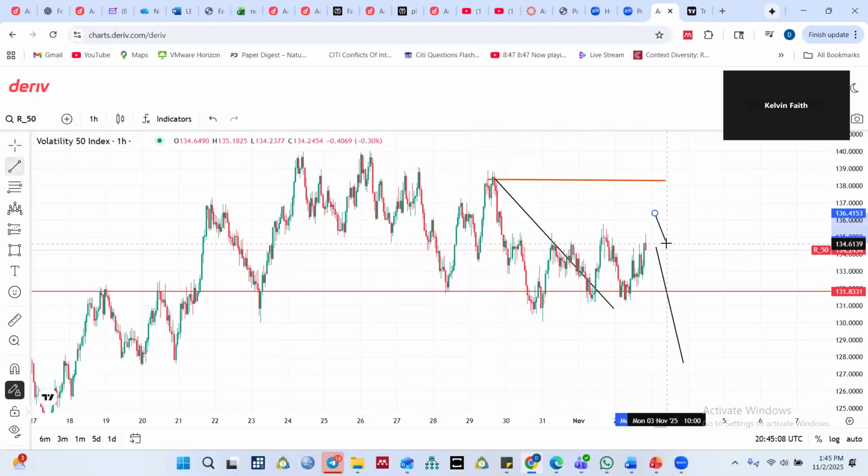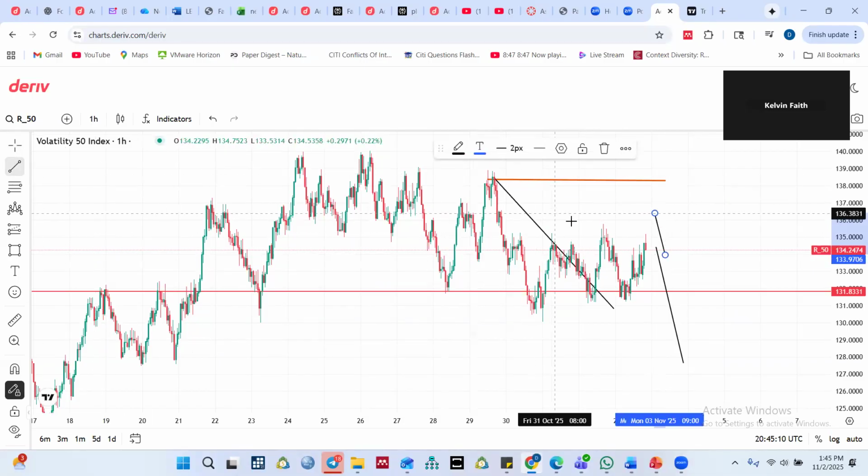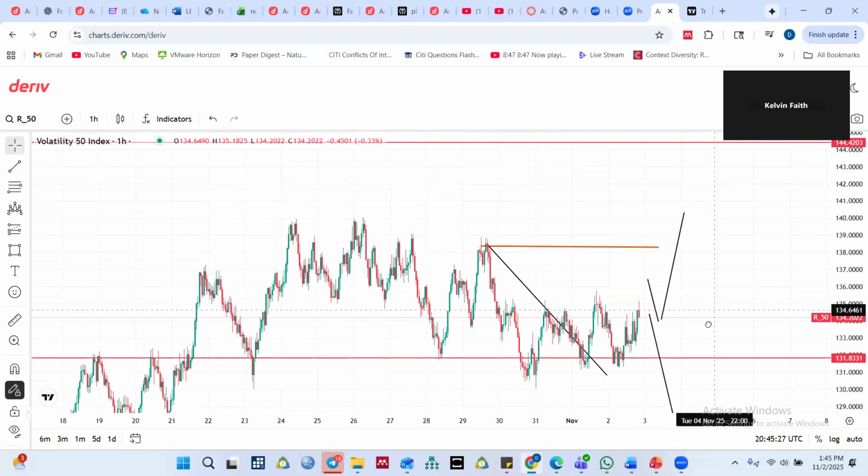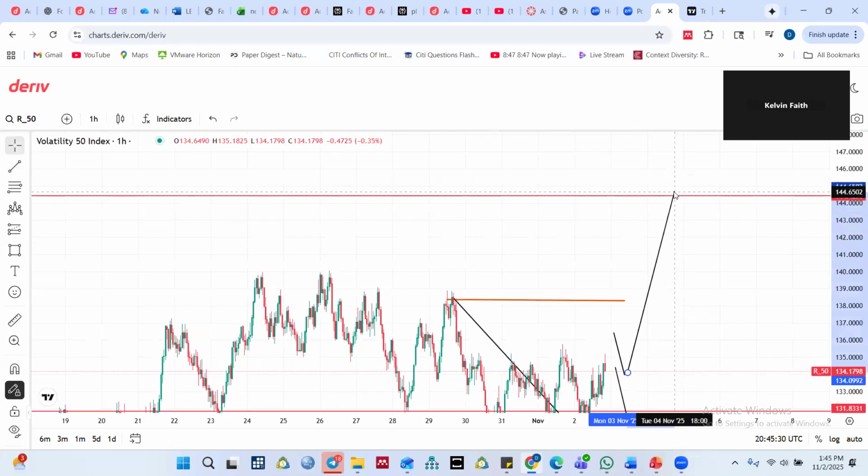Price will drop back to retest, and then we can join the buy. If that happens, we will be okay. We will not sell. So it's either we sell here, or we wait, price moves up, clears all the sellers, drops back to retest, and then we join the buy. If we are buying, we are targeting up here.